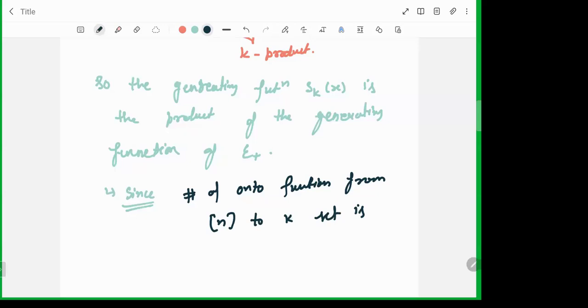This is precisely permuting them. So k factorial times S(n,k).